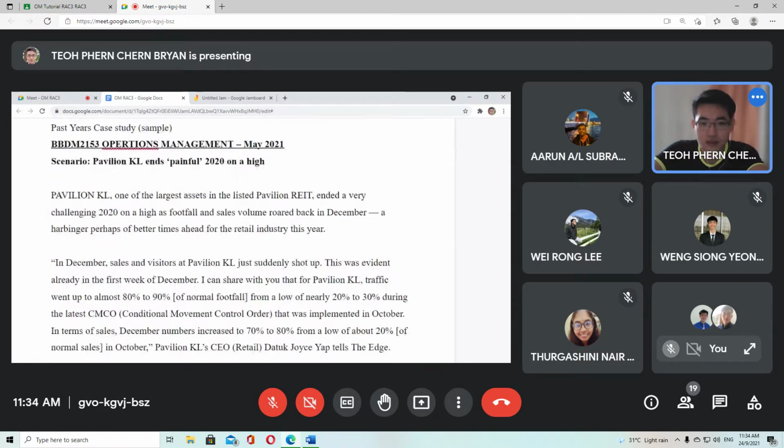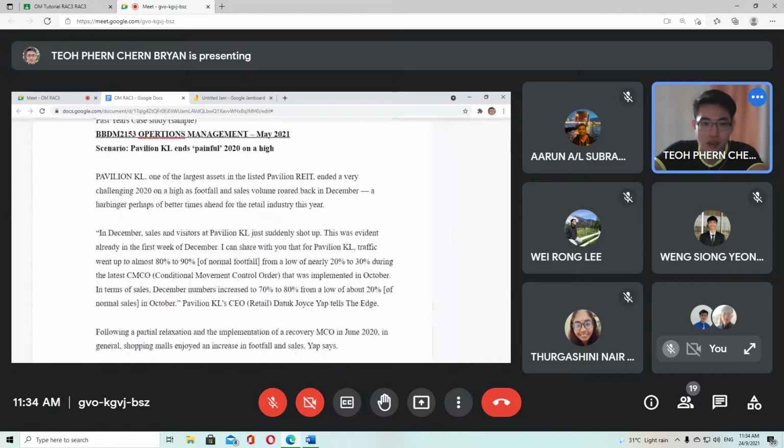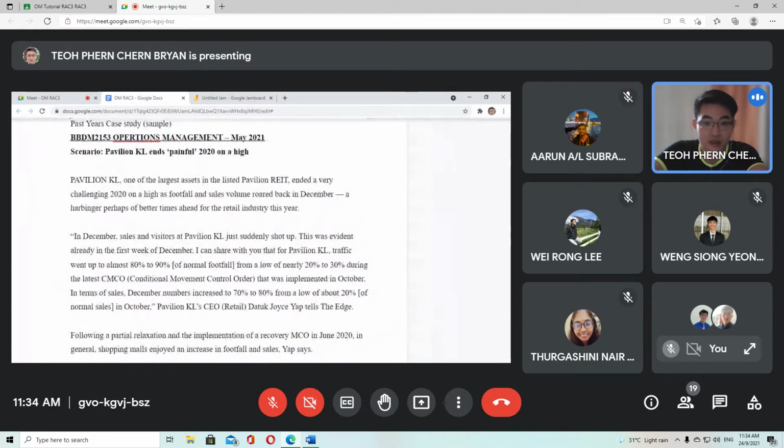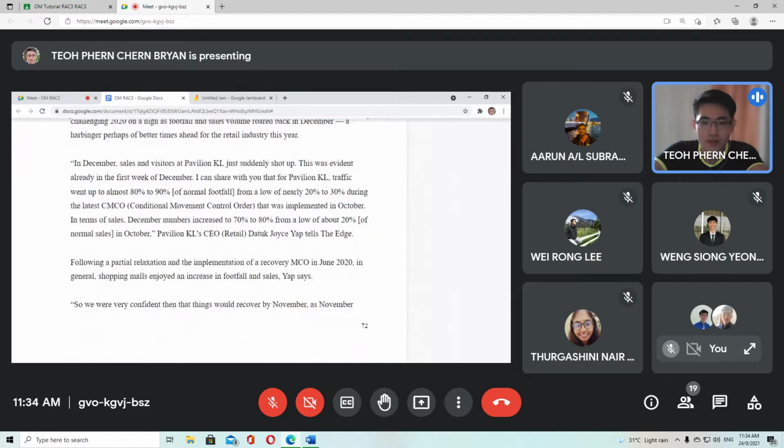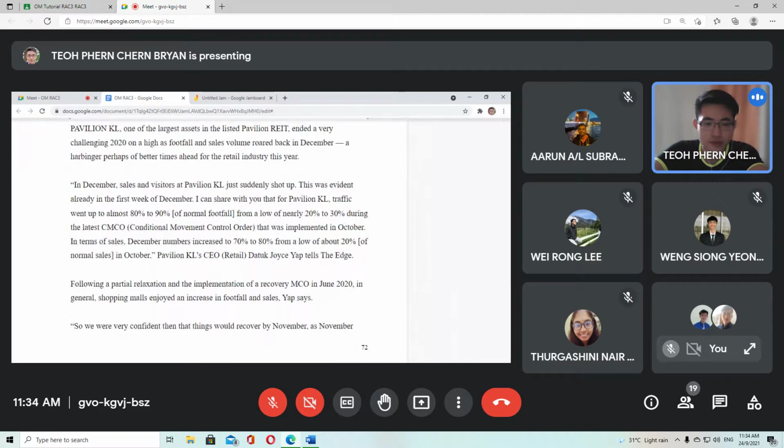Okay, that's not the case. Pavilion KL. If you can remember last year, I'm sure you all can remember, March, April, May, and a bit of June, we had MCO. After that we had CMCO and RMCO, and then everybody went on holiday.